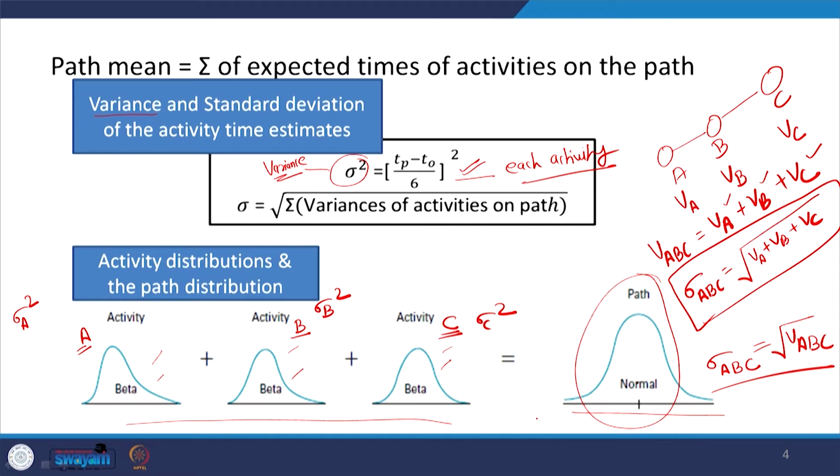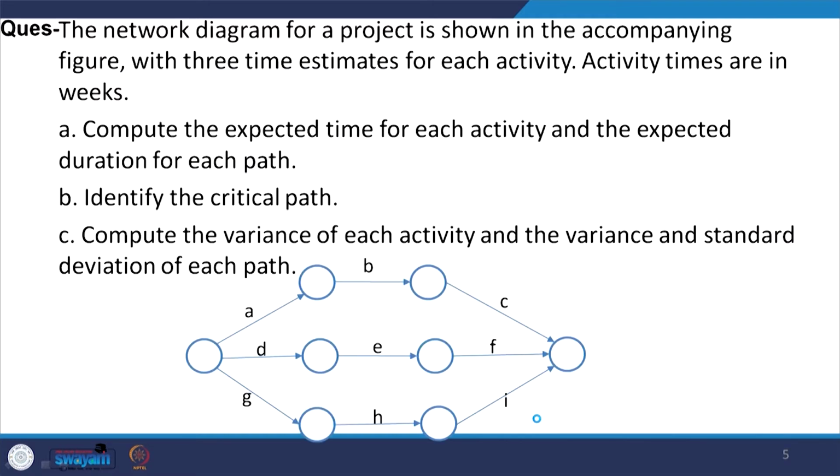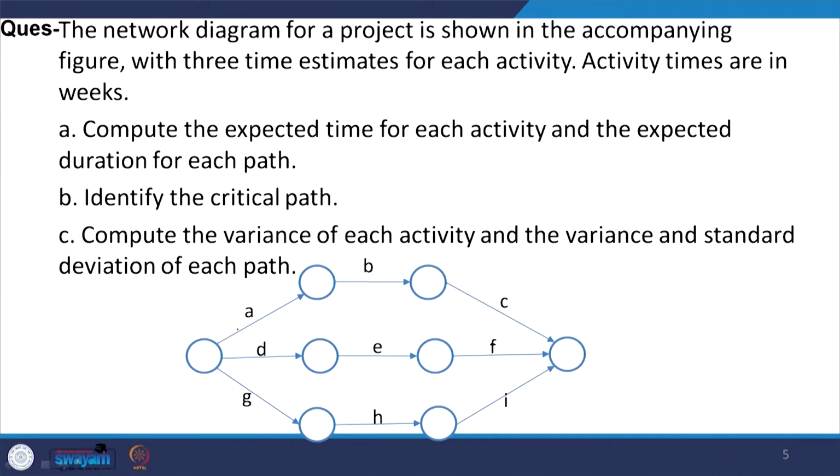Now, here we have a very simple question, which will help us in understanding the entire process of this analysis of PERT. In this particular case we have this diagram. The network diagram is shown to you, with the activities A, B, C, D, E, F, G, H, I, etc. These are the different activities which are happening.